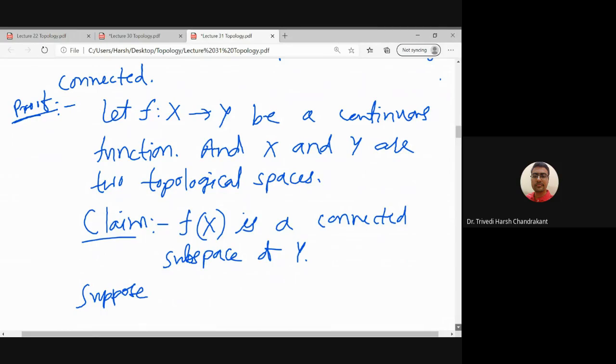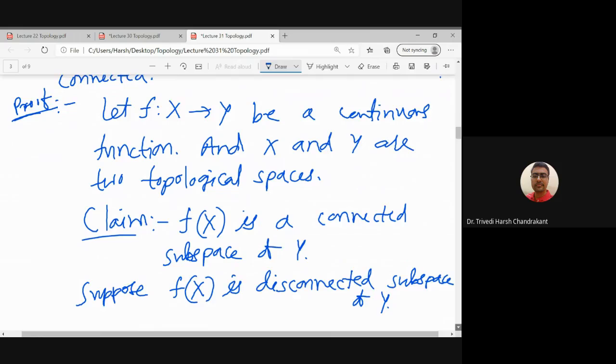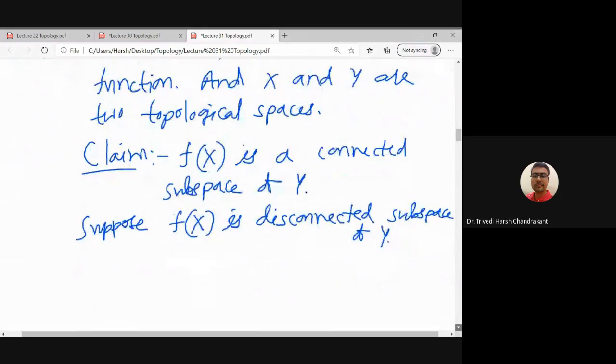I want to show f(X) is connected, but I will assume f(X) is disconnected, and then I will get a contradiction. That way we can prove that f(X) is a connected space. So suppose f(X) is not connected, so that means it is a disconnected subspace of Y.